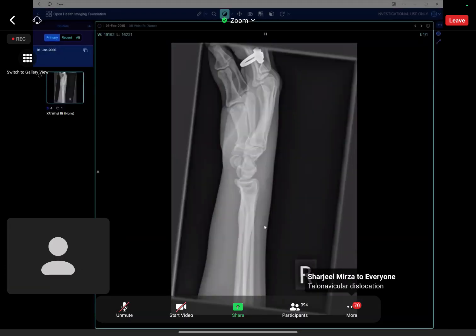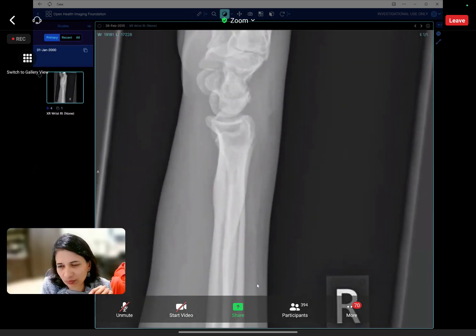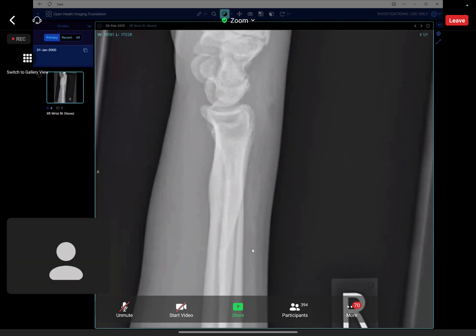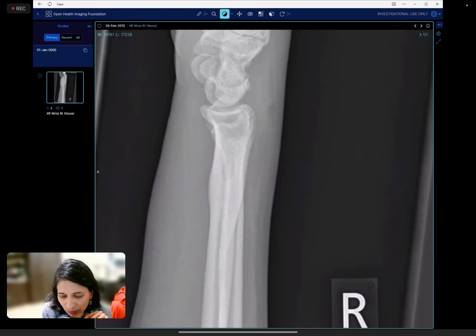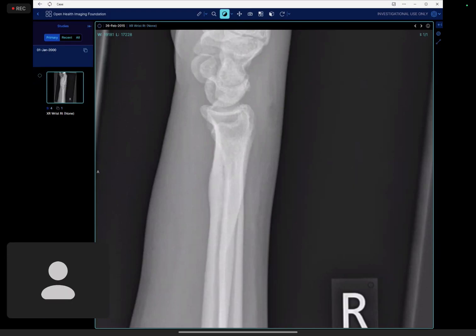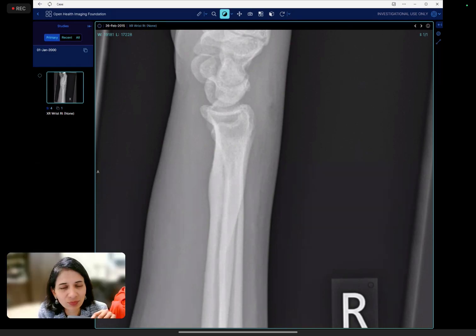The lateral view shows only one of the lesions, the metadiaphyseal region lesion, and the other lesion is not clearly seen here. So my differentials will be the same. If the patient has a history of pain, swelling, fever, then I would go for an infective cause.